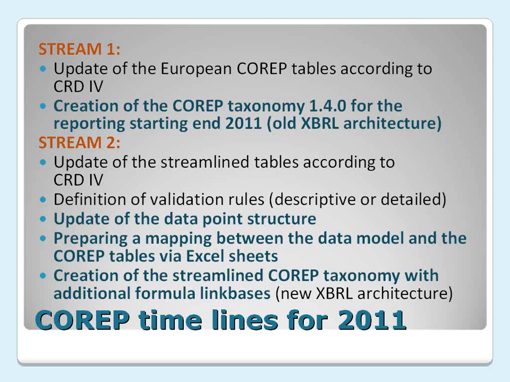And there's a stream 2, the harmonized ones. The core team of the operation network are working on the inclusion of the CLD4 changes also in the streamlined tables that were finalized more or less last year concerning the harmonization. And now they incorporate only the changes they get from the CLDs. They are also in need of the definition of validation rules. They have to prepare it in a specific way.